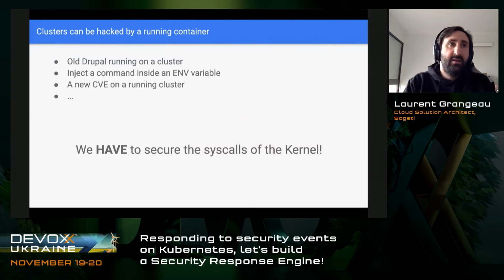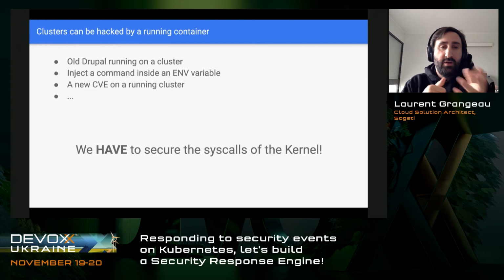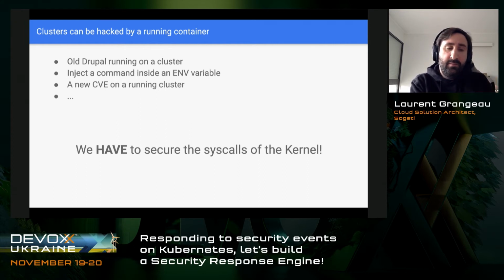I just told you that we can be hacked by many means of attack. So, for example, an old Drupal running on a cluster. We had a meetup last year, I think, with AWS, demonstrating an old Drupal running on a Kubernetes cluster. By hacking the Drupal container, we can go to the Kubernetes cluster.